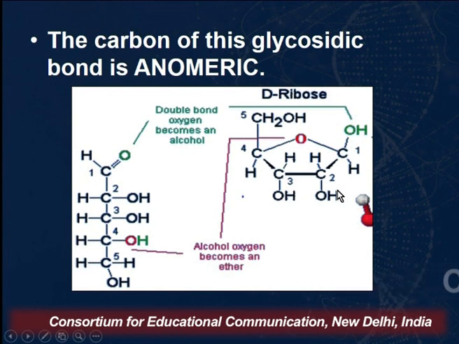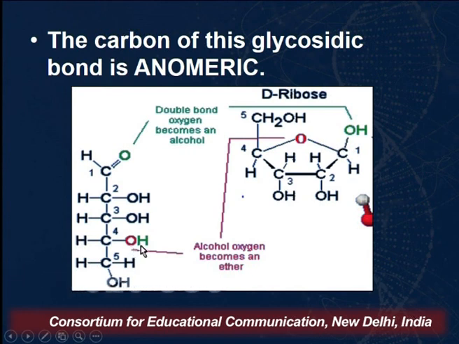So what you have to remember is, when we are talking of DNA and RNA, the ribose and the deoxyribose have beta configuration at the anomeric carbon. And I know that you are familiar that the anomeric carbon is the carbon which is linked to two oxygens. So that is how you are going to distinguish. And this is the first carbon, that is, the aldehydic carbon, which has been converted into a hydroxyl group here.